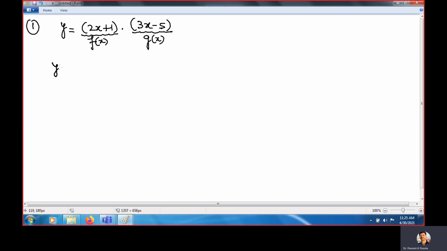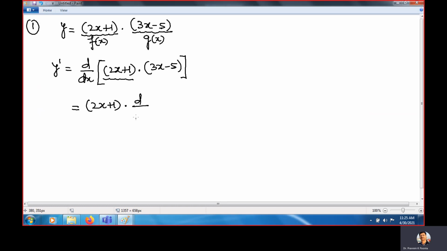So y dash means d by dx of the value of f(x) into the value of g(x). Now how will you calculate? First function same to same, no change, 2x plus 1.